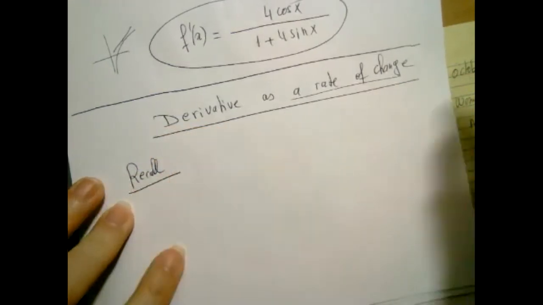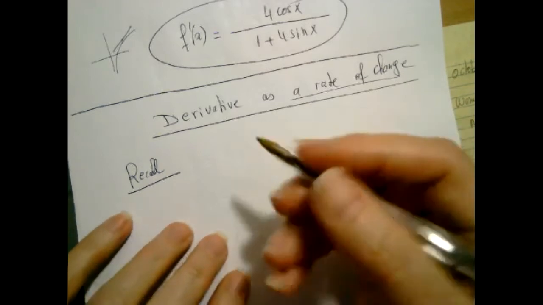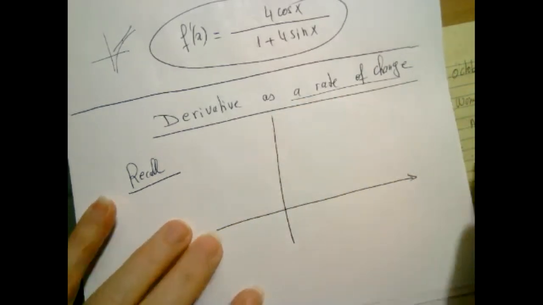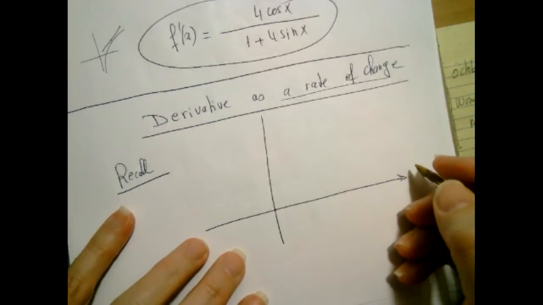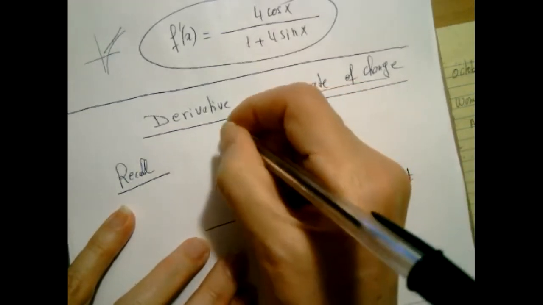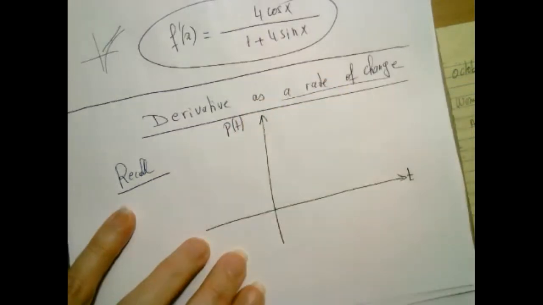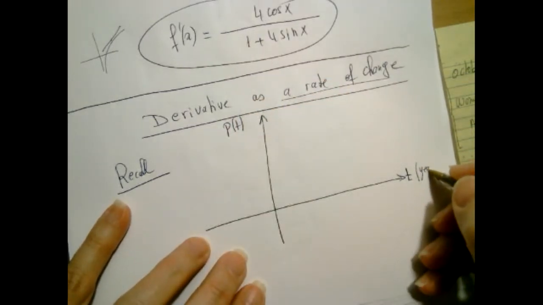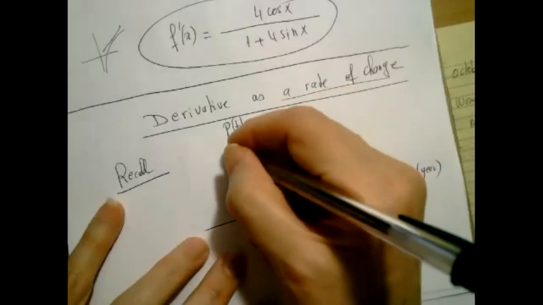Before we talk about the derivative as a rate of change, let me ask you a fairly simple question. Suppose I have the following, a population, that's a made up scenario. The population changes with time. So that's a population, P of T, a population in a certain country. And this is the time in years. And the population is in million.